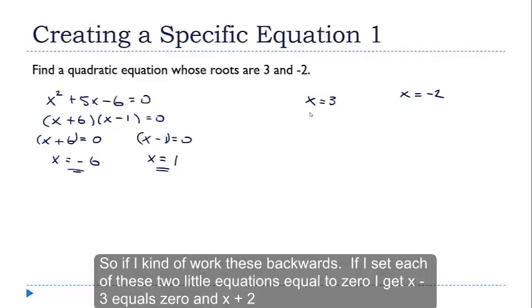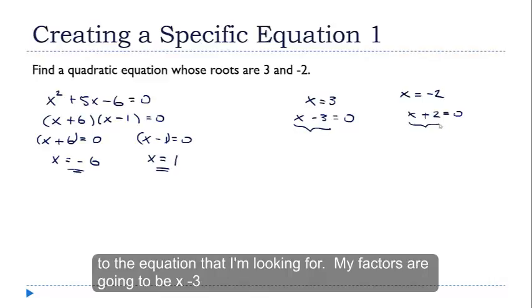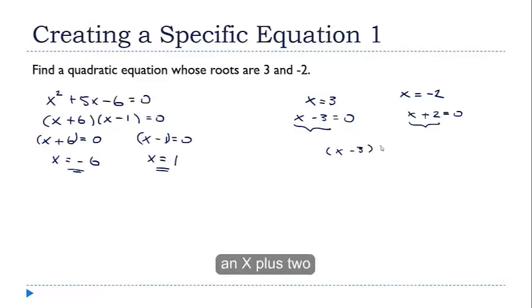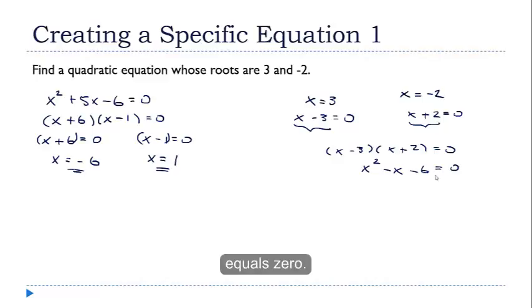So if I work this backwards, if I set each of these two little equations equal to 0, I get x minus 3 equals 0, and x plus 2 equals 0. Now this gives me the factors to the equation that I'm looking for. My factors are going to be x minus 3 and x plus 2. And if I multiply this out, I get x squared minus x minus 6 equals 0.